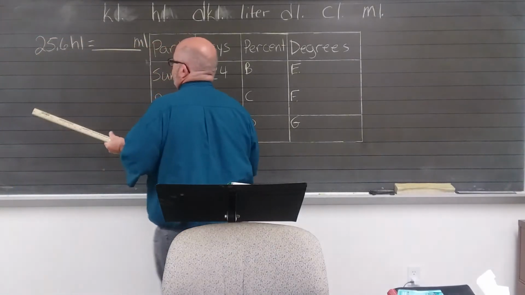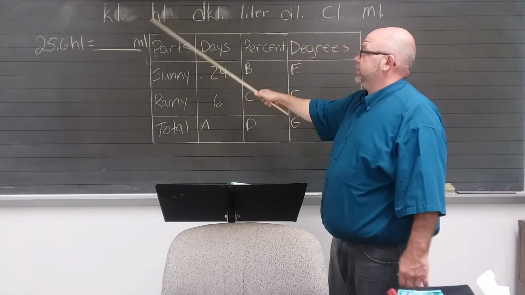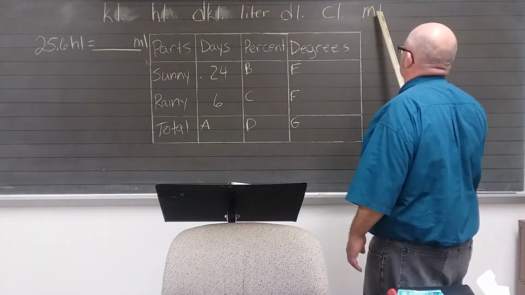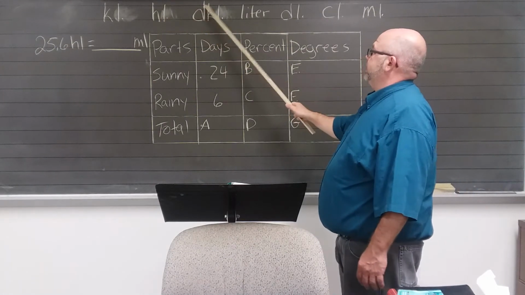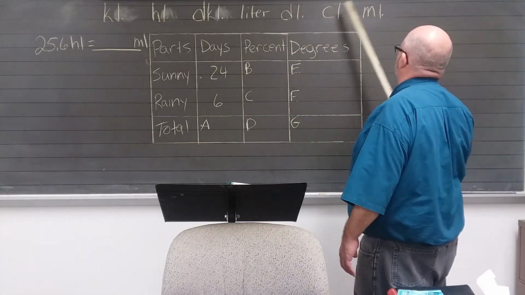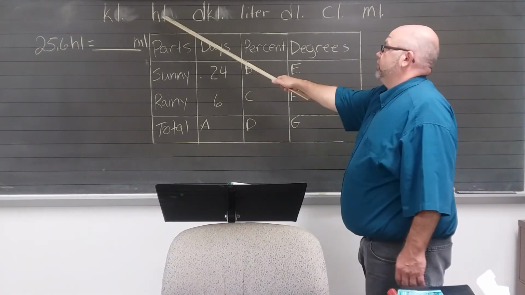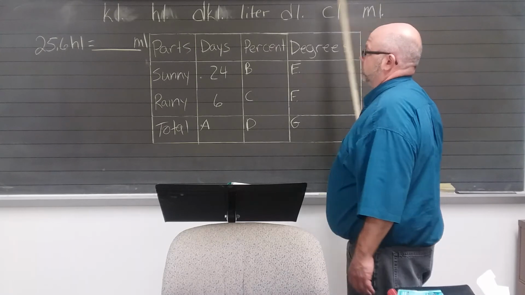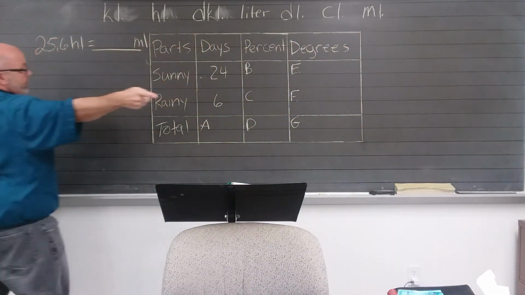So you have hectoliters here, that's where you start. You're going to milliliters, way over here. You count the spaces. 1, 2, 3, 4, 5. 5 places to the right from hectoliter to milliliter. You move the decimal point 5 places to the right.